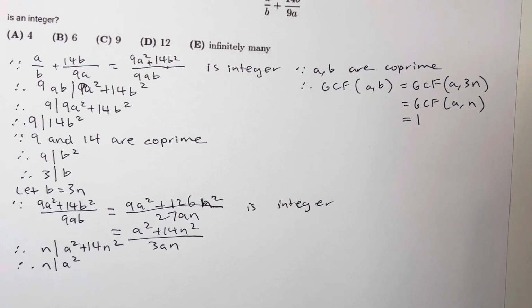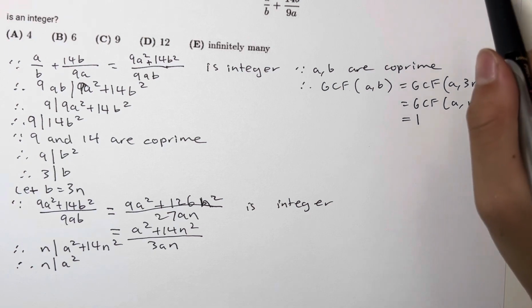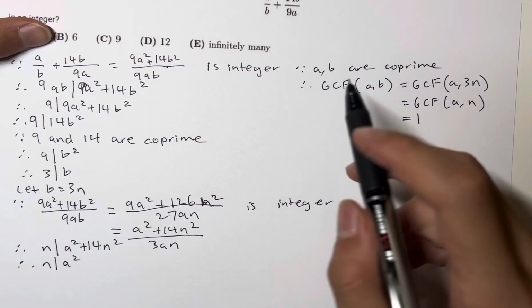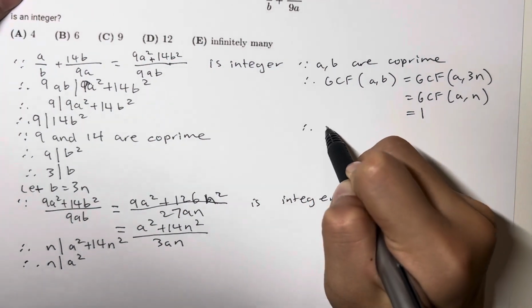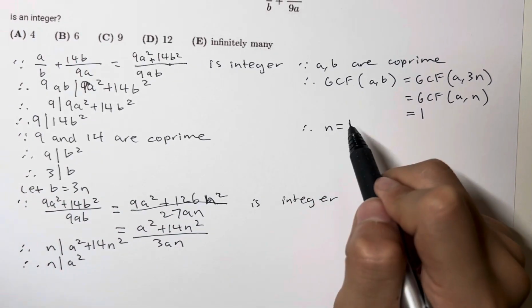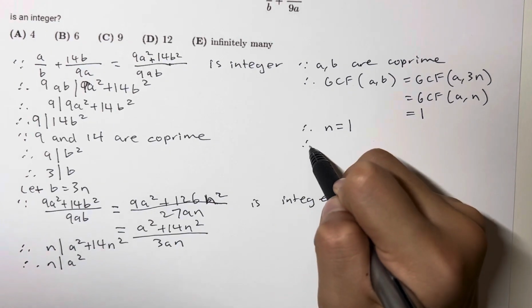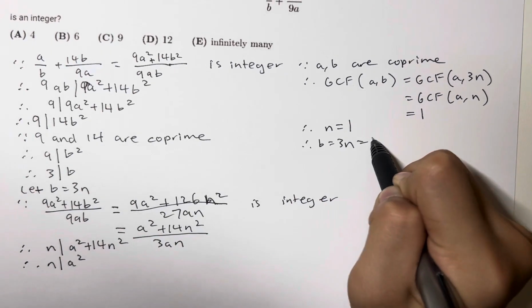Because to make n co-prime with all values of a, there's only one integer known to be co-prime with all other integers, and that's 1. So n equals 1. Because right now, a has no restriction yet. So b equals 3n equals 3.